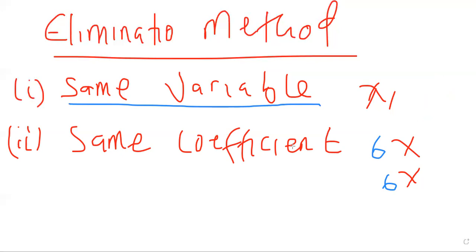What is a coefficient? A coefficient is a number that is written before a variable. So let's say we have x here and x here. For us to qualify this condition, we must make sure that the number written before the variable must be the same. That's what the point is talking about.